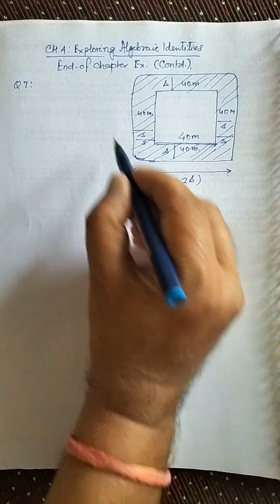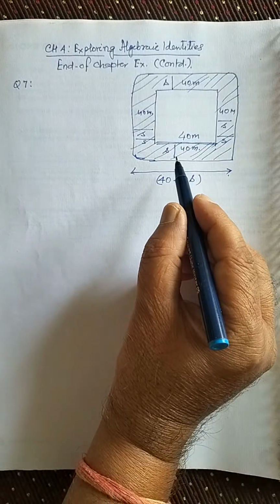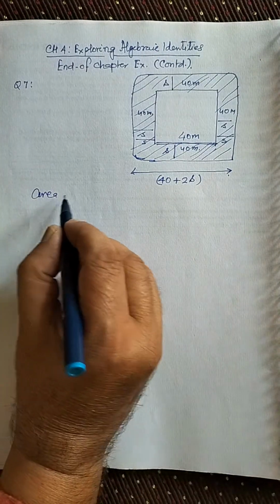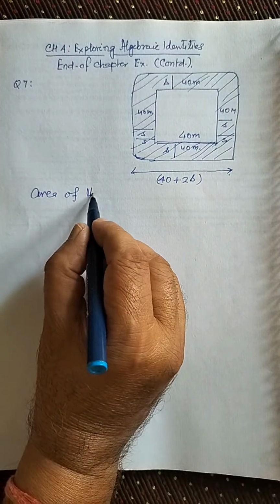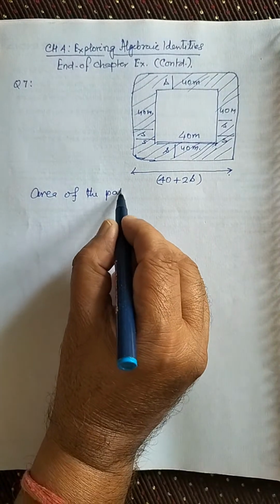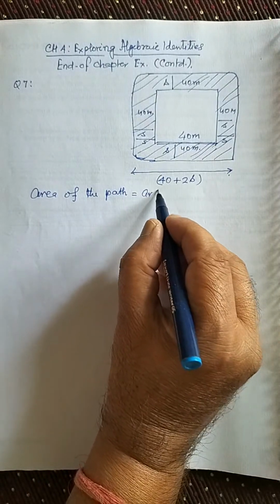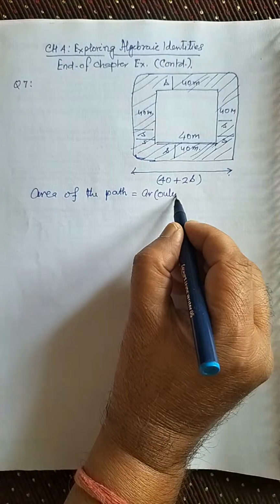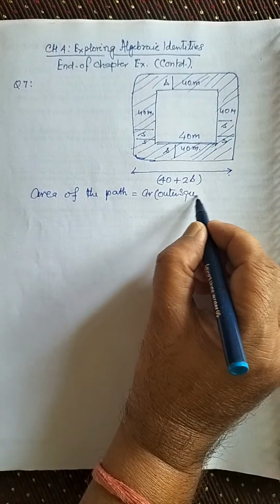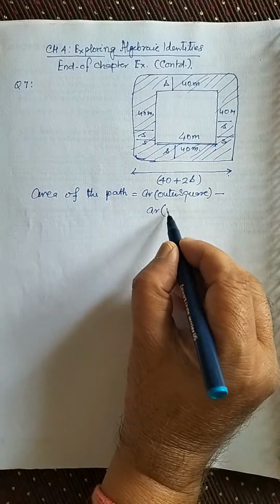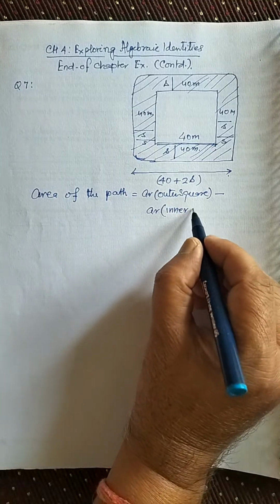So now you got the side of the outer square. So the area of the path is going to be the area of the outer square minus the area of the inner square.